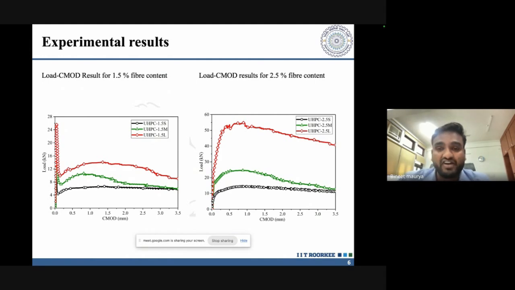Because of the effect of fiber percentage. Later we will discuss that. And the second one, what I talked about, the effect of specimen size. As you will clearly see, for a larger specimen size, the drop rate in softening is more. However, in the case of smaller specimen sizes, it shows somewhat plastic nature. So these effects are coming from the specimen size and fiber percentage. Later I will also talk about the fiber orientation.